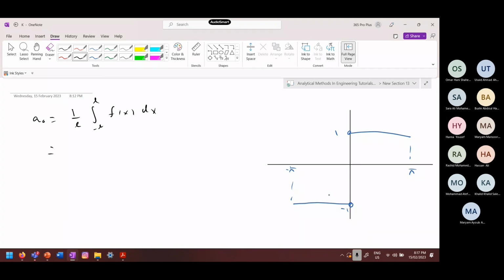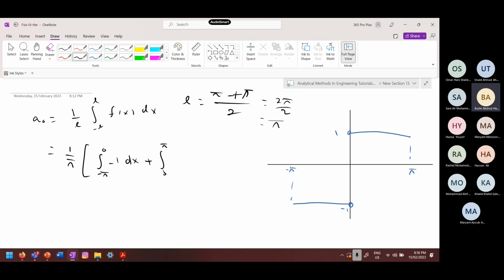Find L: L is equal to pi, since minus pi to pi over 2 gives pi. Then 1 over pi, the integration from negative pi to 0 for the first function, negative 1 dx, plus 0 to pi 1 dx.